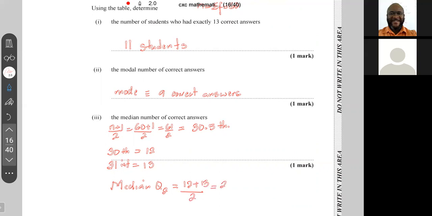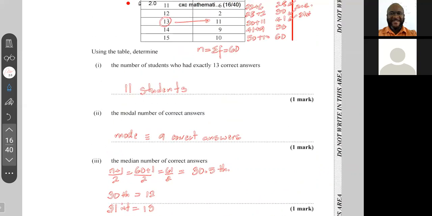This is 25 over 2. This is 12 and a half correct. The median is 12 and a half or 12.5 correct answers.